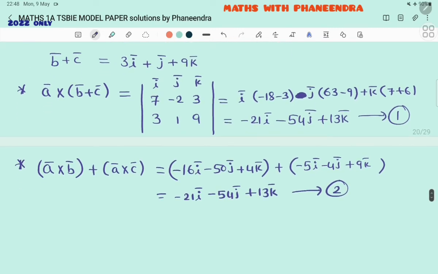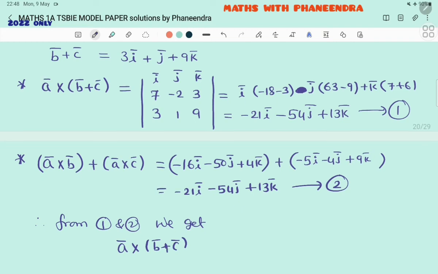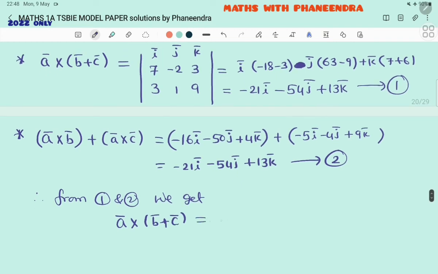So from 1 and 2, we get A bar cross B bar plus C bar is equal to A bar cross B bar plus A bar cross C bar.